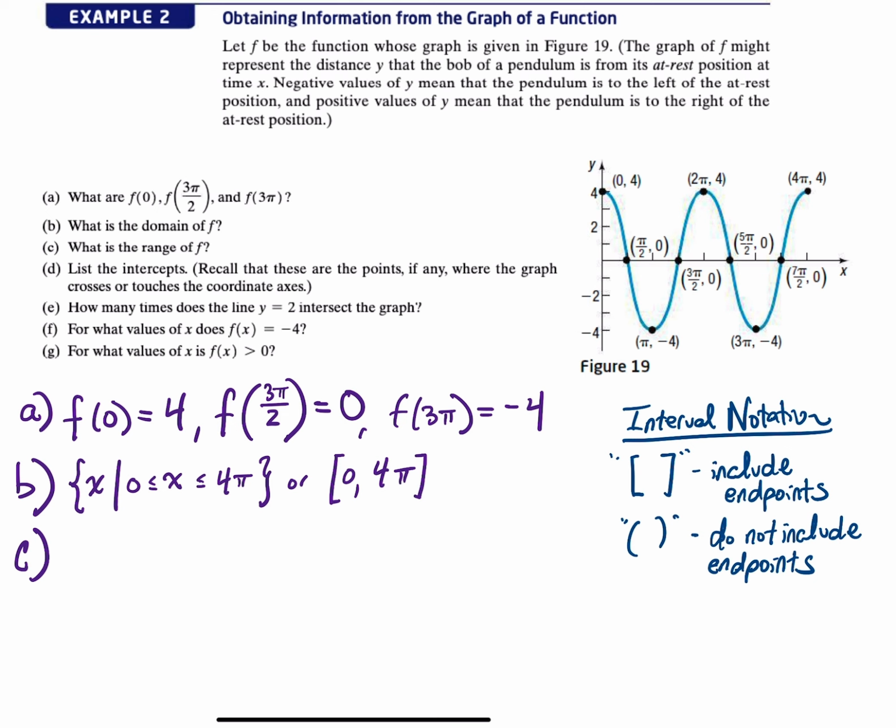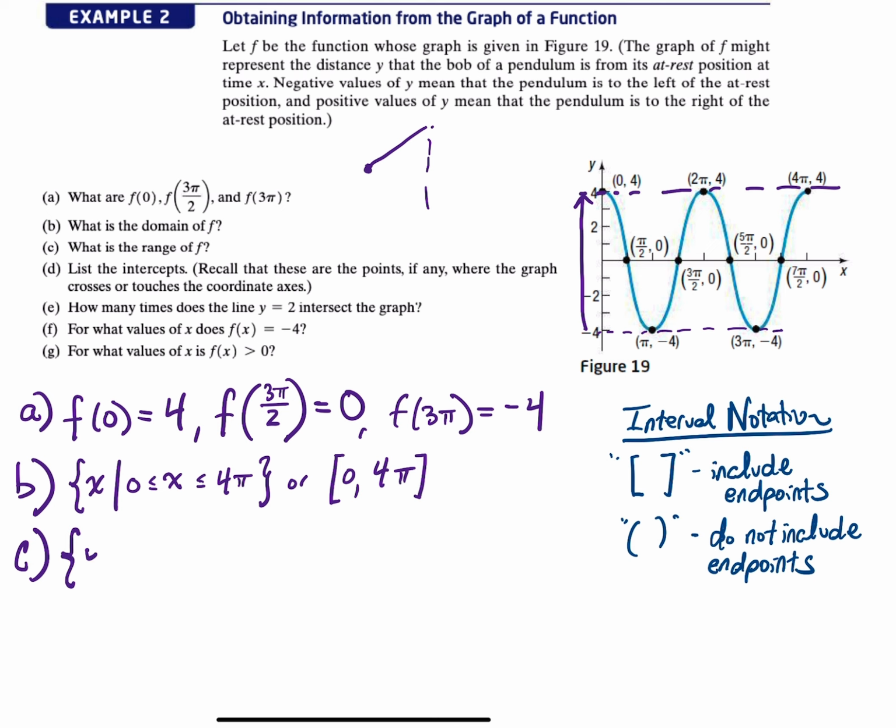So it looks like the minimum output, in this case the farthest to the left that the pendulum would swing, is down here at -4. And then the maximum possible output is up here at +4. So we just want to describe that range of values.